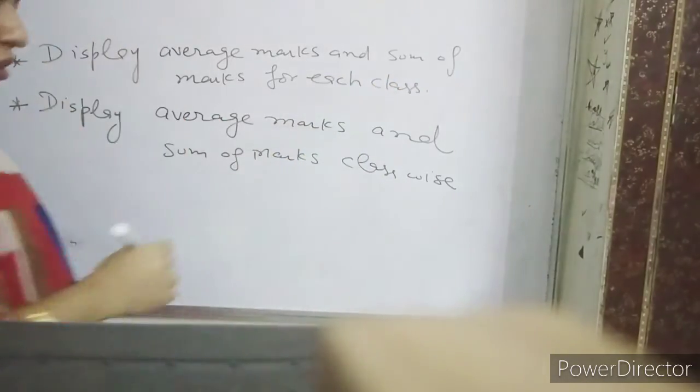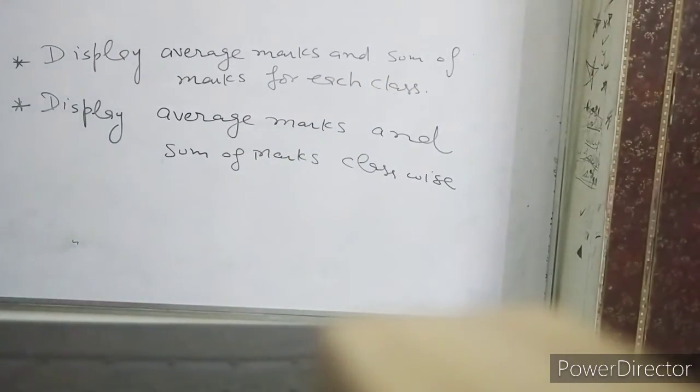Read both the lines. Both the lines give the same sense. In the first question I have written display average marks and sum of marks for each class. And in the second, display average marks and sum of marks class wise. It means both the lines give the same sense.